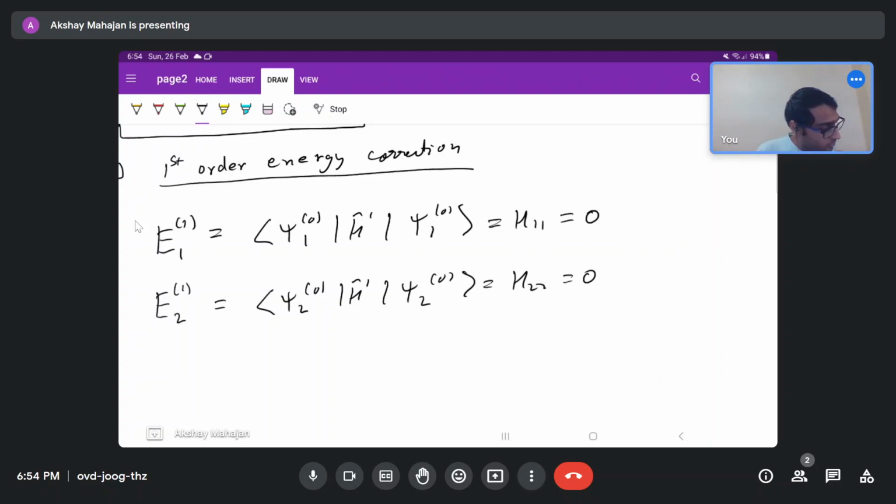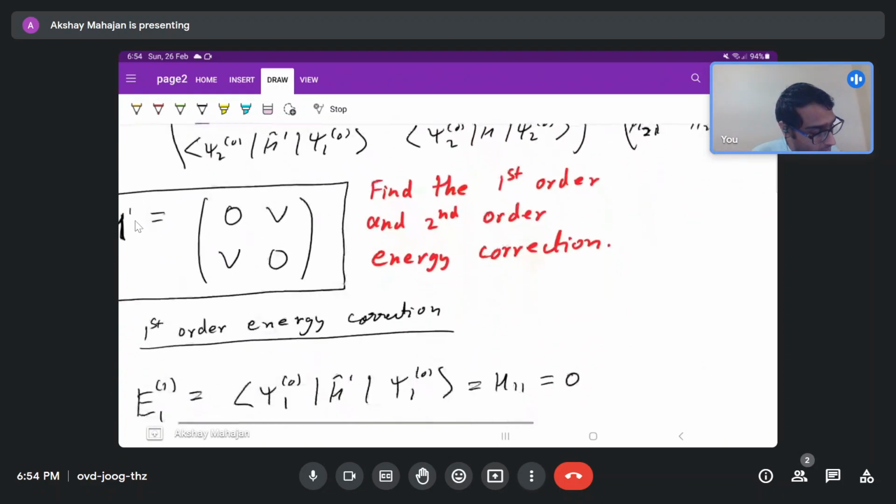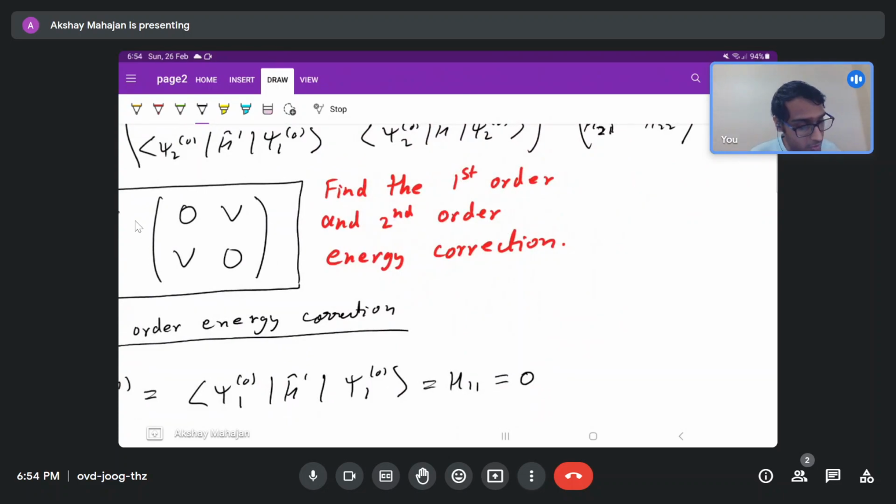So, what does this mean now? Also, besides the first order energy correction, you can also find the wave function's first order correction too.